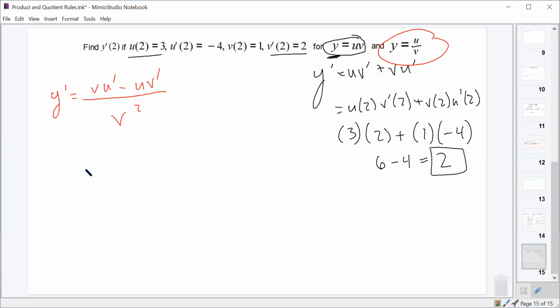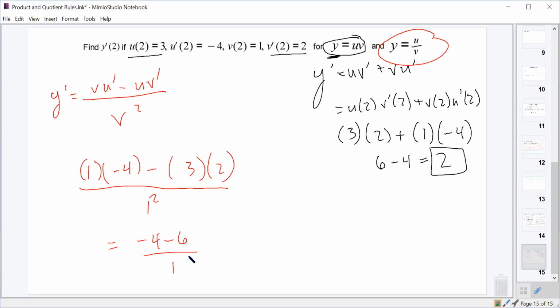So v of 2 was 1, u prime of 2 was negative 4, u of 2 was 3, and v prime of 2 is 2, all over v, which is 1 squared. And we'd end up with negative 4 minus 6 over 1, or negative 10. Those are pretty straightforward, but sometimes they confuse people on the AP test if they haven't seen them, just because it looks like a lot of weird numbers and stuff. Everybody good with that? Any questions or issues there?